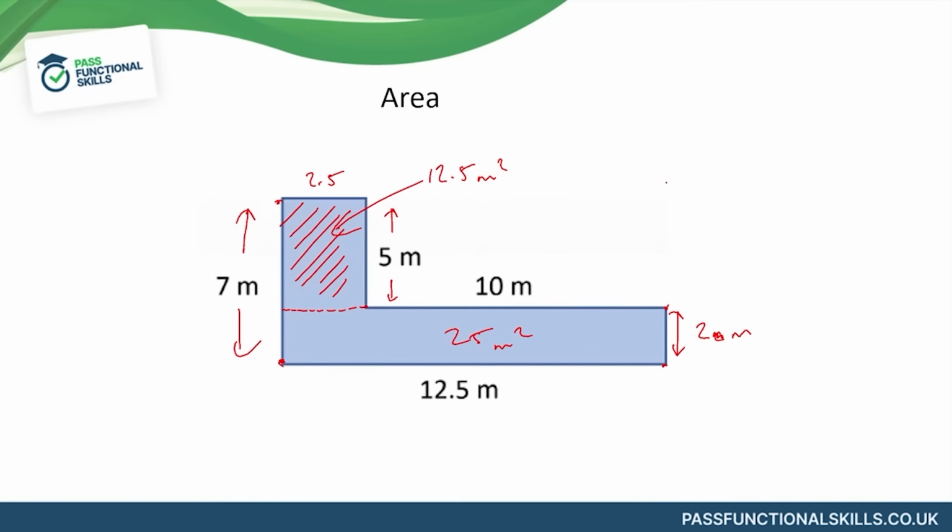So the area of the whole shape is 12.5 square metres plus 25 square metres, and that is 37.5 square metres. So again, with compound shapes, turn it into two rectangles, work out the area of each rectangle separately, because there's no magic formula for the area of an L-shaped shape.